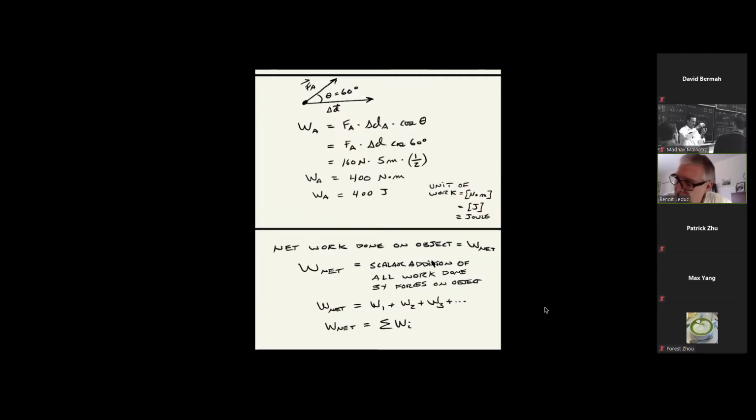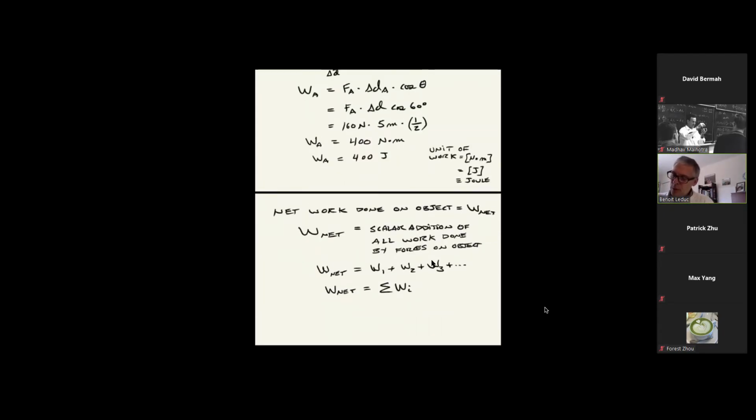This means the summation, so it's the summation over all the work. So net work done is a scalar addition of all the work done by forces on the object.